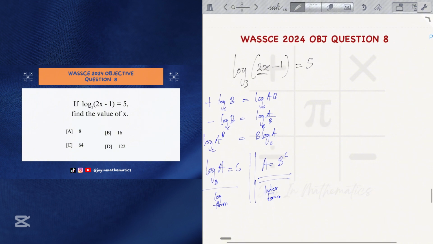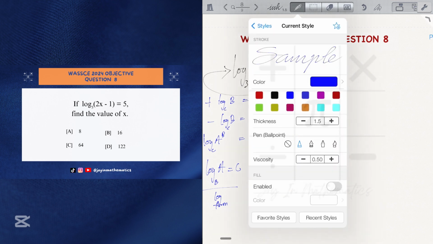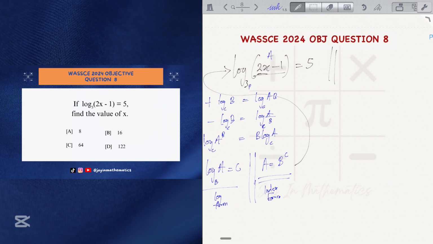Applying this, a is 2x minus 1, b is 3, and c is 5. So a is equal to b raised to the power of c: 2x minus 1 is equal to 3 raised to the power of 5. We just converted from logarithm form to index form so that we can simplify the expression.